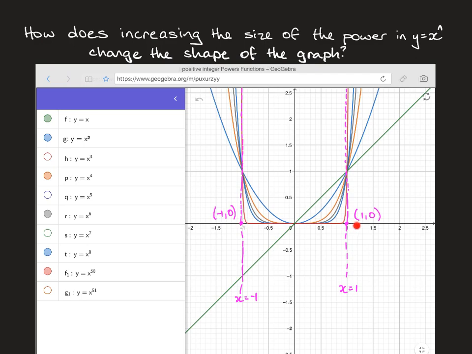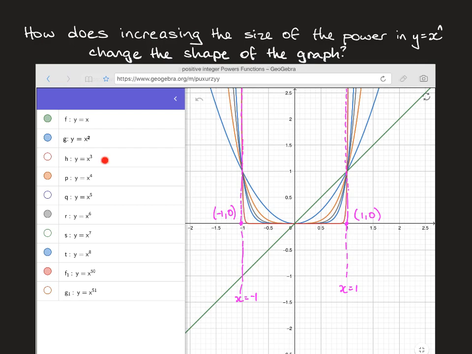For values that were greater than 1, the graph was bending up this way, approaching the line y is equal to 1, getting steeper and steeper. And on the left-hand side, the graph was also getting closer and closer, steeper and steeper, to the line y is equal to 1. So we've got some definite patterns there.